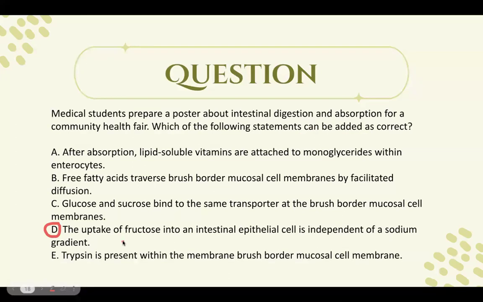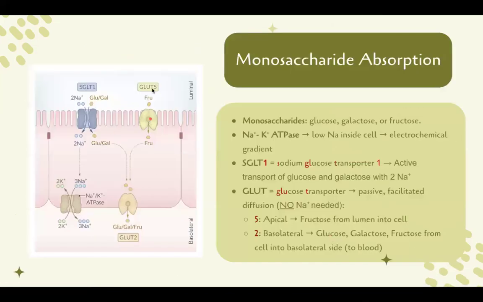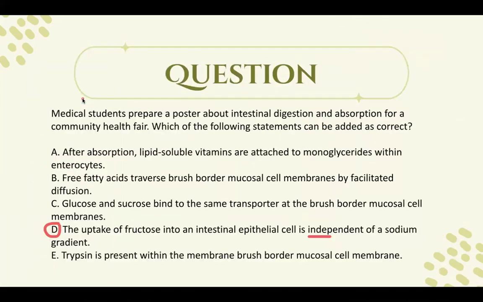Because we know the transporter for fructose is GLUT5. GLUT5 does not need sodium. It's independent of sodium. The other one, SGLT1, which is for glucose and galactose, needs sodium. Okay, so this is our answer. The other statements are incorrect.